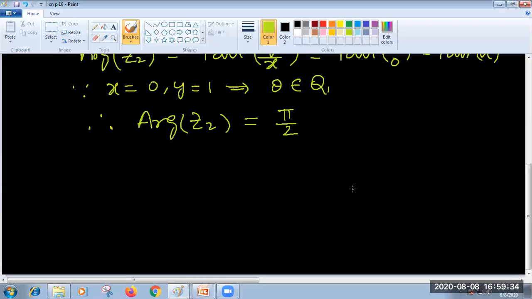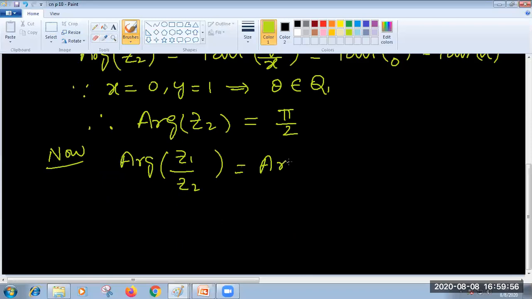Now we have to find argument z1 by z2. You can remember the properties just now. Argument z1 by z2 is argument z1 minus argument z2.